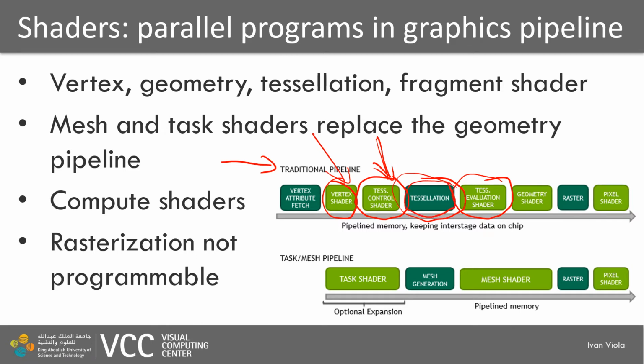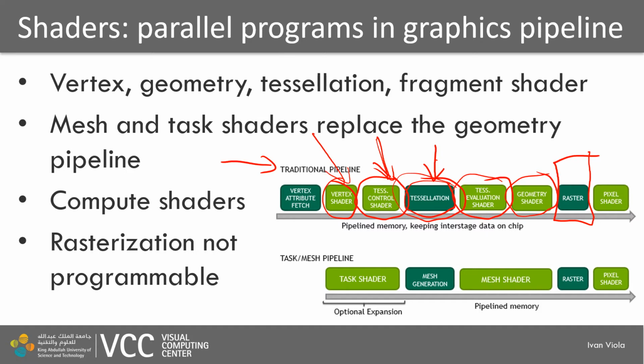We can see that the tessellation process is actually not programmable by itself, but it is programmable through the tessellation control and tessellation evaluation shaders. Then the geometry shader does something similar to the tessellation shader. It can also emit geometry if we like to.